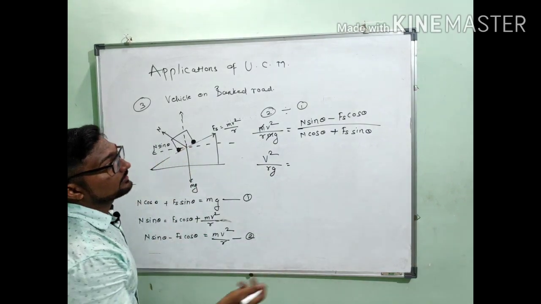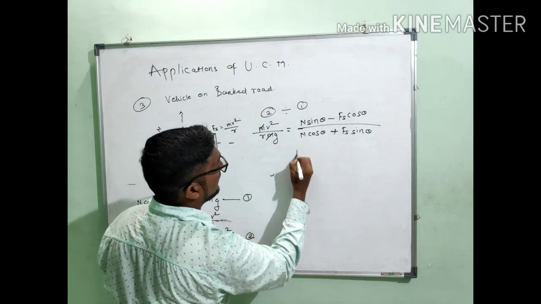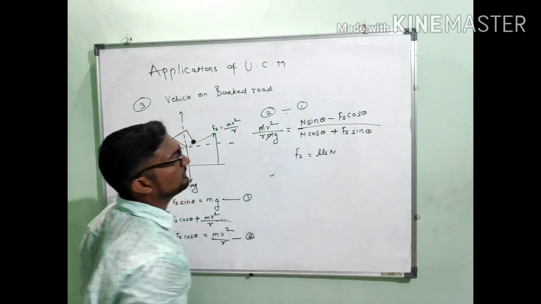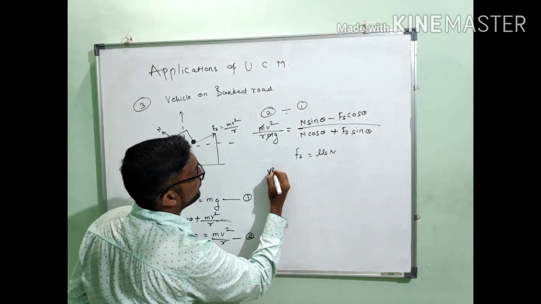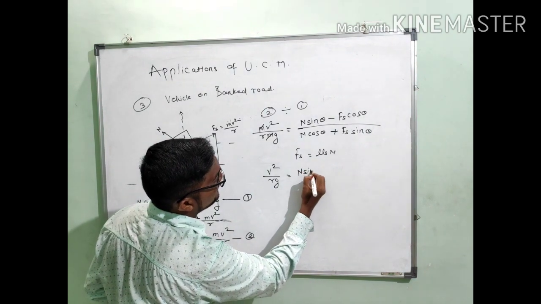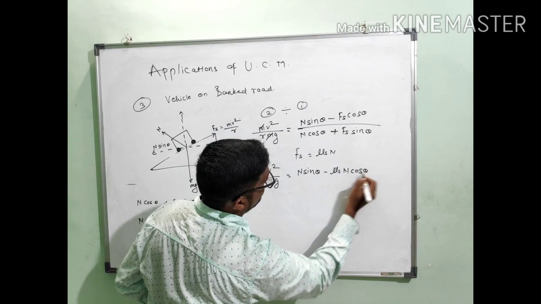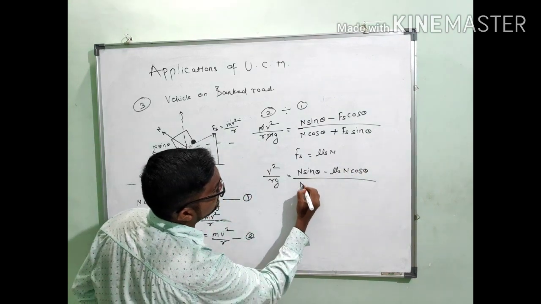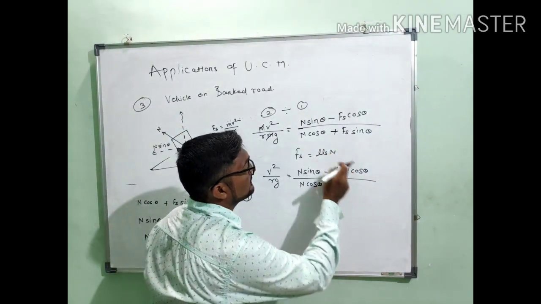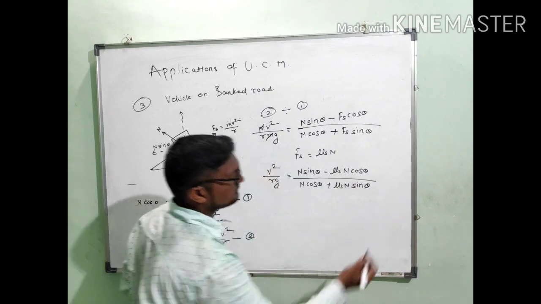Now Fs we already know: Fs is equal to mu s N. Putting this in the equation, v square upon Rg is equal to (N sin theta minus mu s N cos theta) upon (N cos theta plus mu s N sin theta).